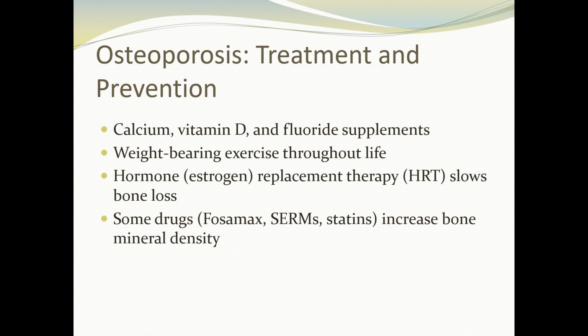To help treat and prevent osteoporosis: calcium, vitamin D, fluoride supplements, weight-bearing exercise throughout life, hormone replacement therapy can slow bone loss, and then some drugs such as Fosamax, SERMs, statins increase bone mineral density.